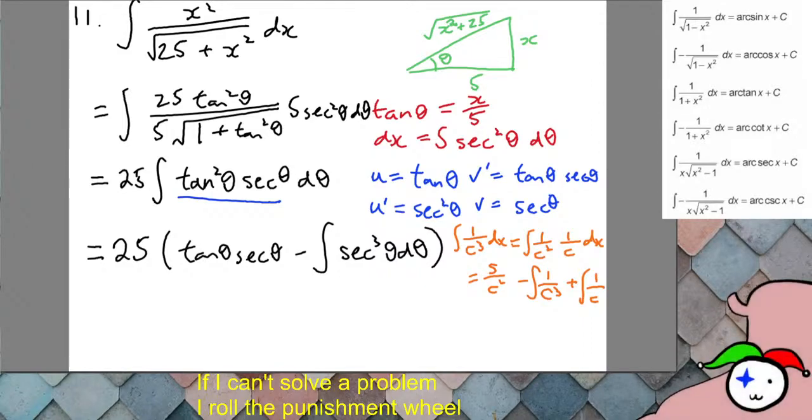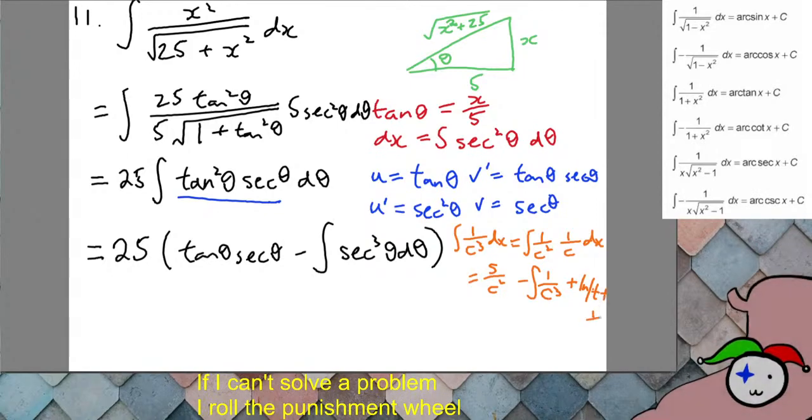I see. So minus, this would become, well, we know from previously it's the natural log of tan plus 1 over cos.